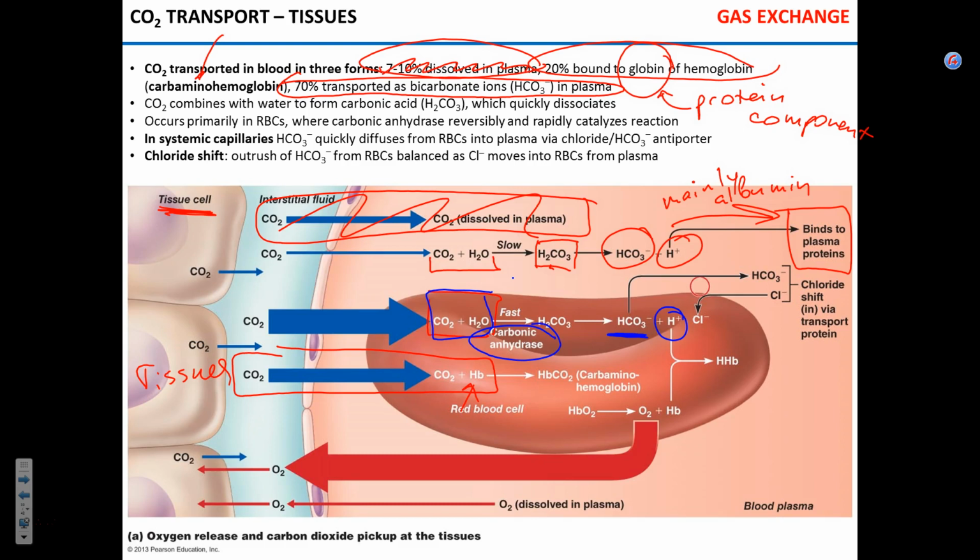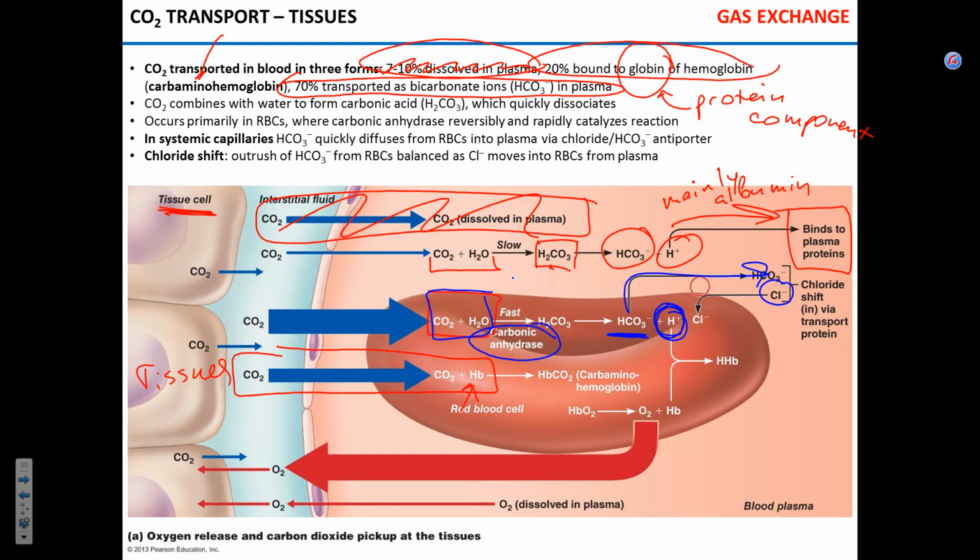We learned it in endocrine system, we learned it in gastrointestinal system. So what happens next? This bicarbonate goes into the plasma in exchange for chloride. This is called chloride shift. What's left in the red blood cell is hydrogen ion, and we need to buffer it.